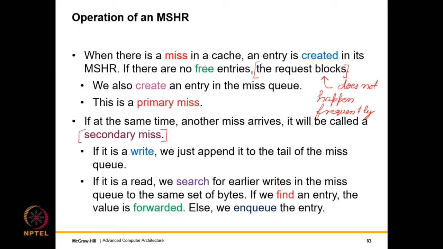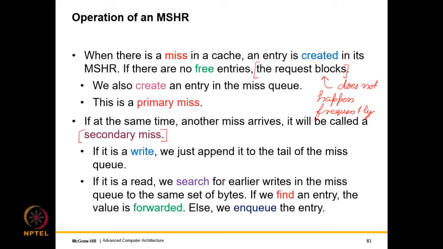If it is a read, similar to a load store queue, we search for all earlier writes in the miss queue to the same set of bytes. If we find an entry, then there is no reason for us to queue the read. We can just forward the value exactly the same way we would do it in a load store queue, and the processor can resume. So in this case, the operation of the LSQ and the MSHR is the same.